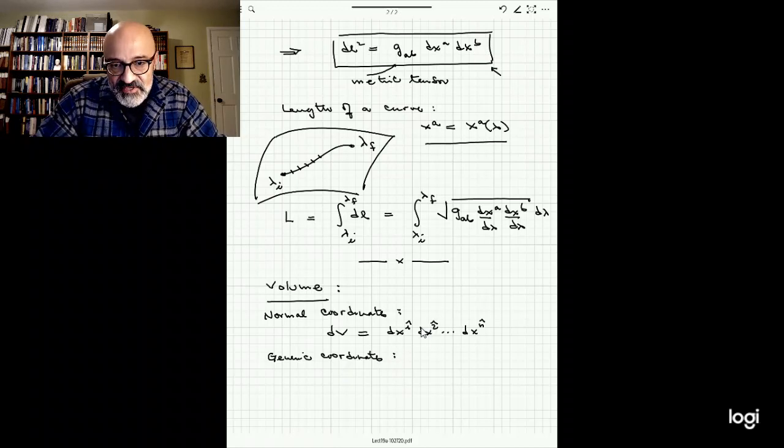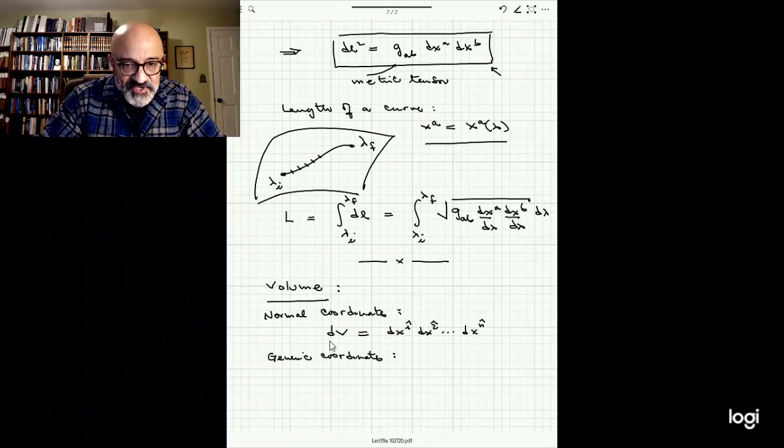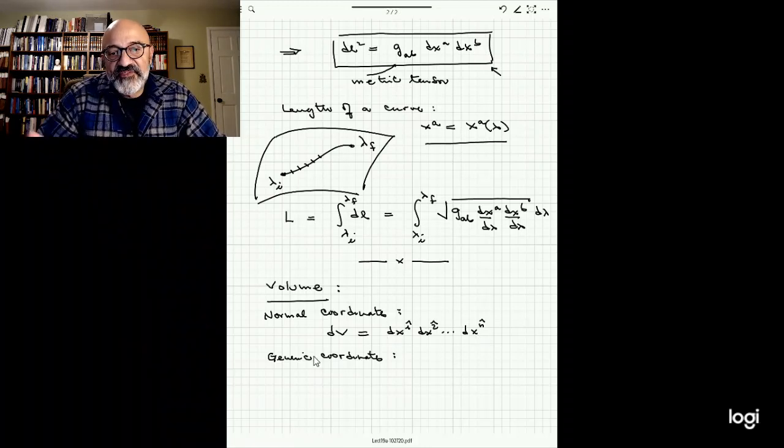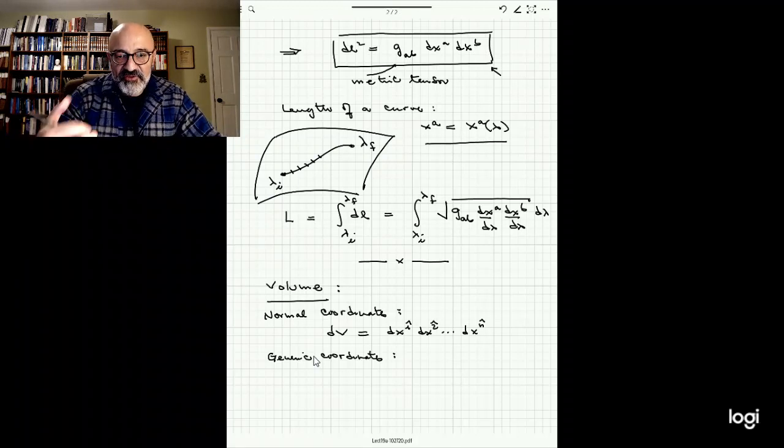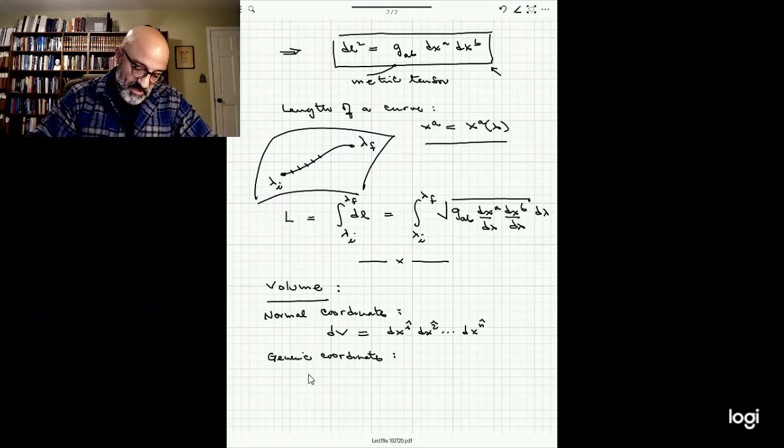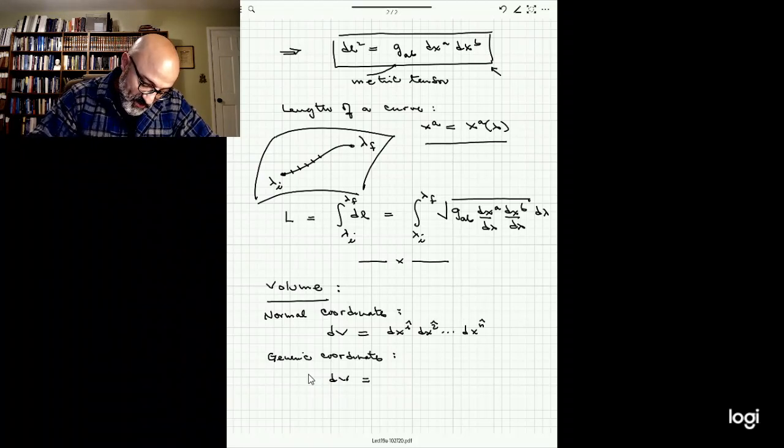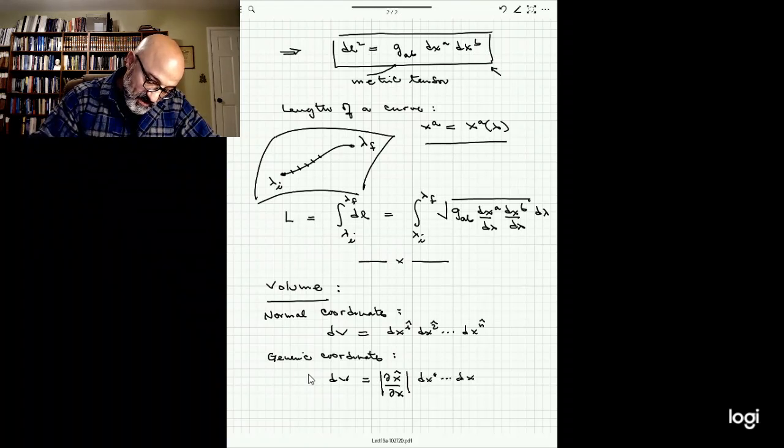So in particular, for example, if this were like dx, dy, dz for Euclidean space, we might want to go to generic coordinates that happen to be spherical, r, theta, phi. How do you do that? You do that with a Jacobian. So we have to figure out what the Jacobian is for this transformation, like so.